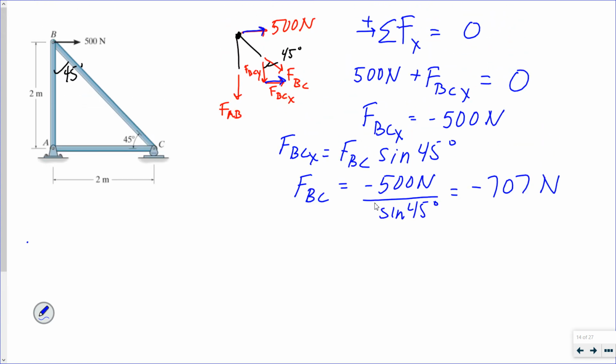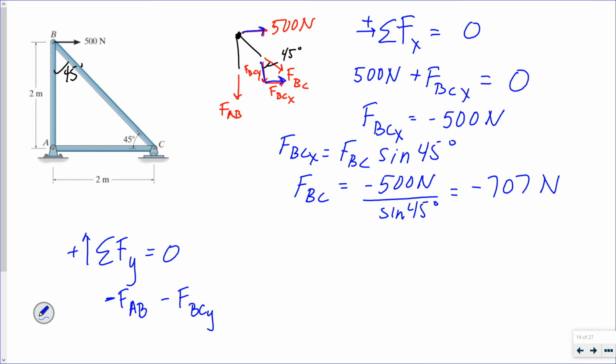Now I can solve for the sum of the forces in the y direction. I'm going to assume up is positive. My two vertical forces are force in member AB acting down, and then the force BCY acting down.